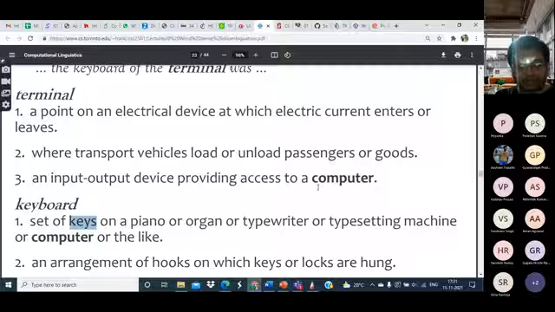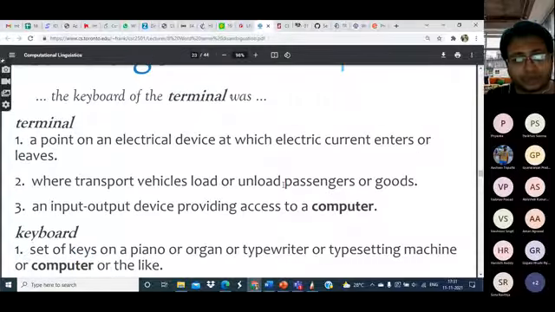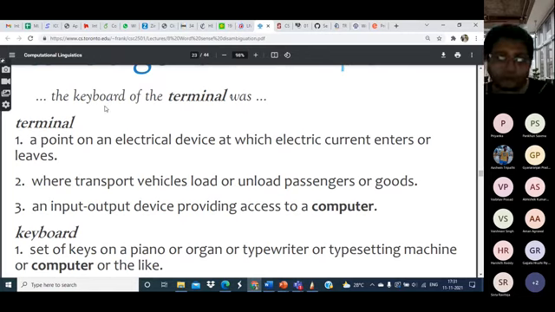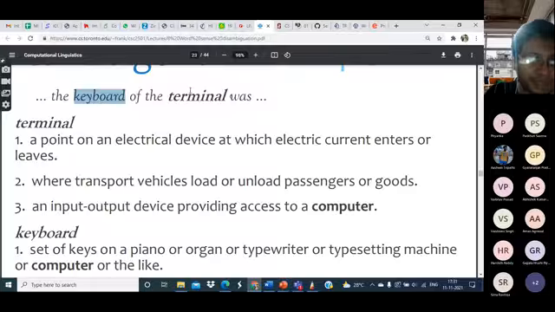Here of course we find an overlap: computer. So I do find an overlap of sense 3 of terminal with the context word keyboard.